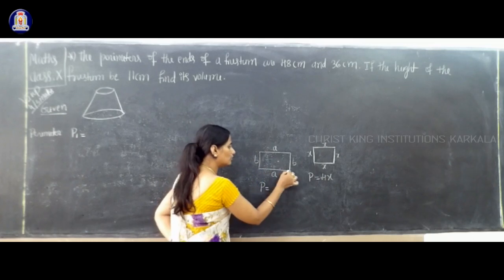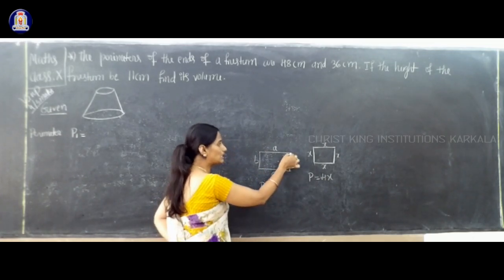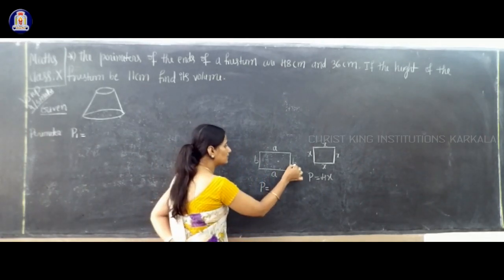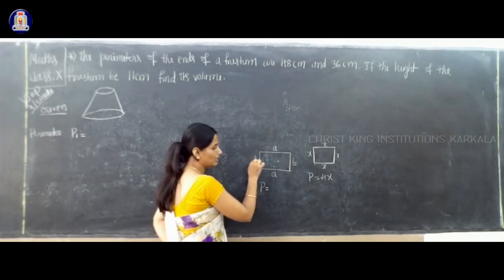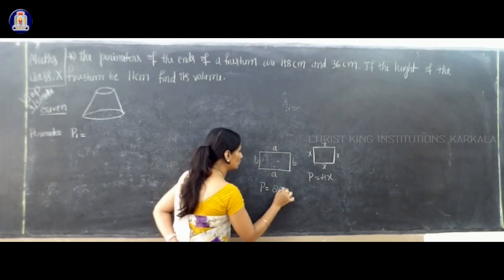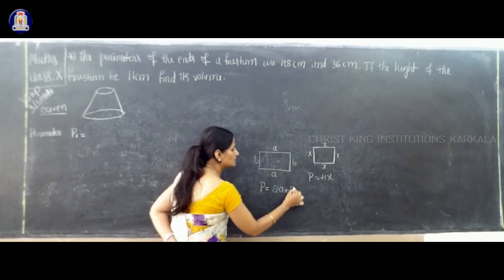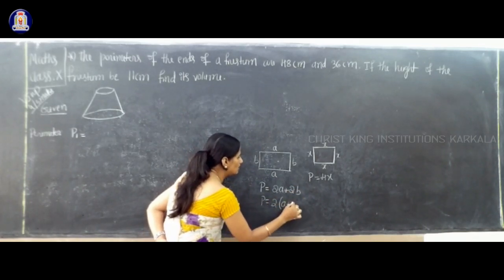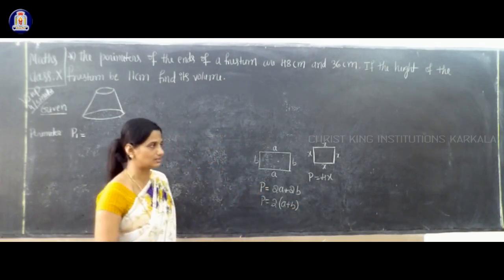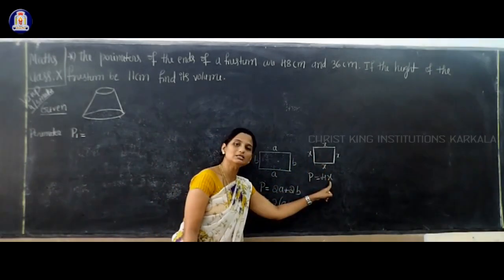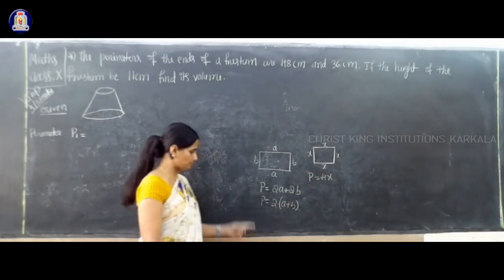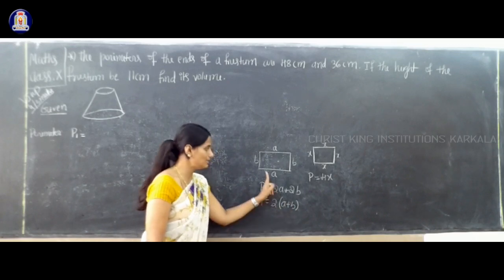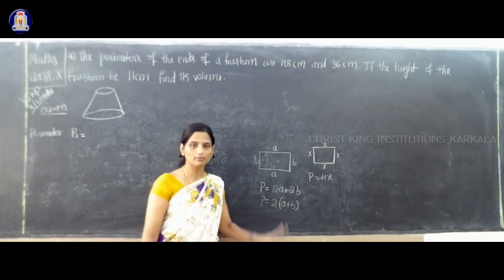Perimeter is the sum of all four sides: A plus B plus A plus B. A plus A is 2A, B plus B is 2B, so 2 is common and it is 2 into (A plus B). You studied this in your lower class. So the perimeter of a square is 4x for side x. The perimeter of a rectangle is 2 into (A plus B), where A is the length and B is the breadth of the rectangle.